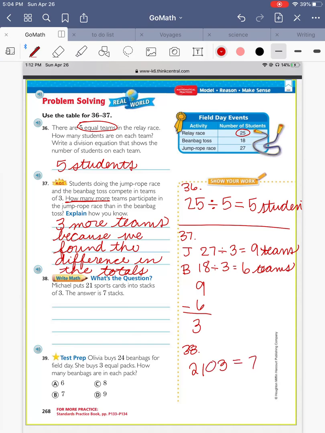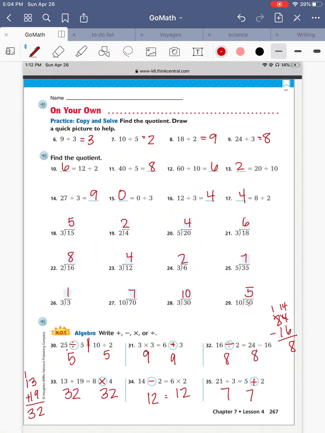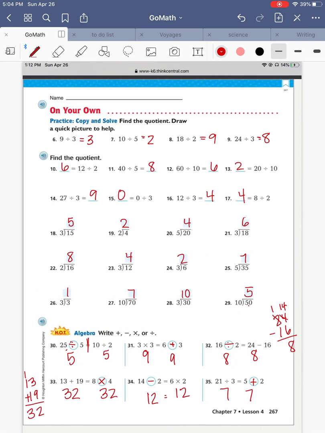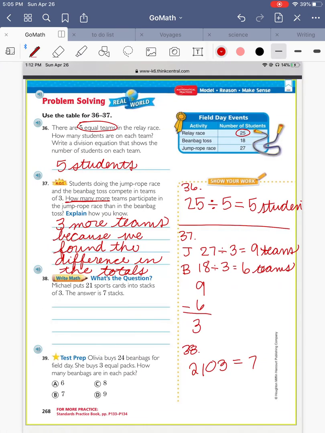So think about what we did on the last page over here, where we had to figure out what the missing sign is. So 21 plus 3, 21 minus 3, 21 times 3, or 21 divided by 3.